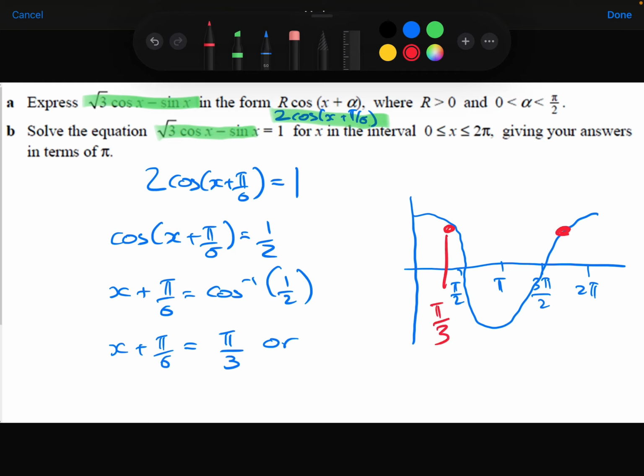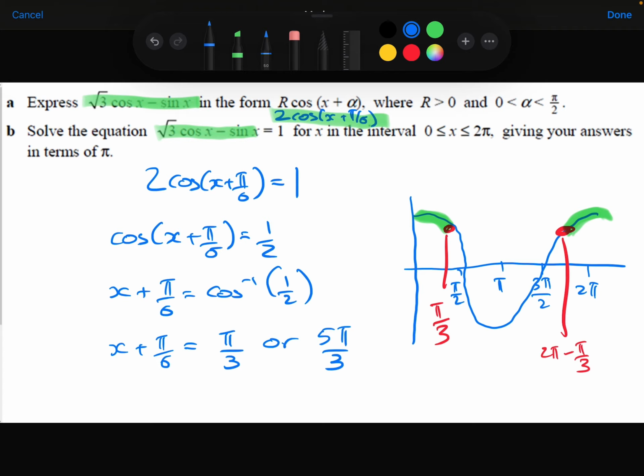There'd be a second solution over here. If this is pi over 3, then this is pi over 3 by symmetry. Therefore, to get to this angle, I must do 2 pi minus pi over 3, which is going to be 5 pi over 3.